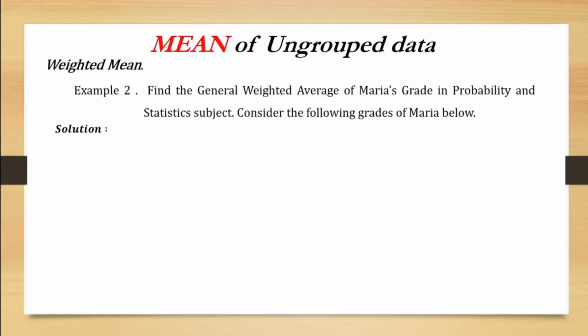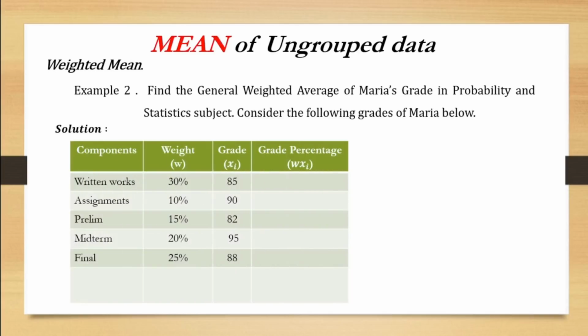Example number 2. Find the general weighted average of Maria's grade in probability and statistics subject. Consider the following grades of Maria below. So we have the components: written works, assignments, prelim, midterm, and final.